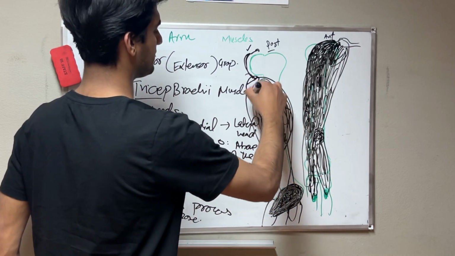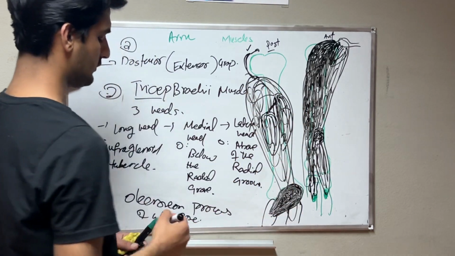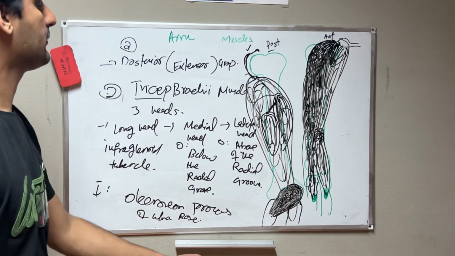These are the triceps brachii muscles. This is our topic about the arm muscles.